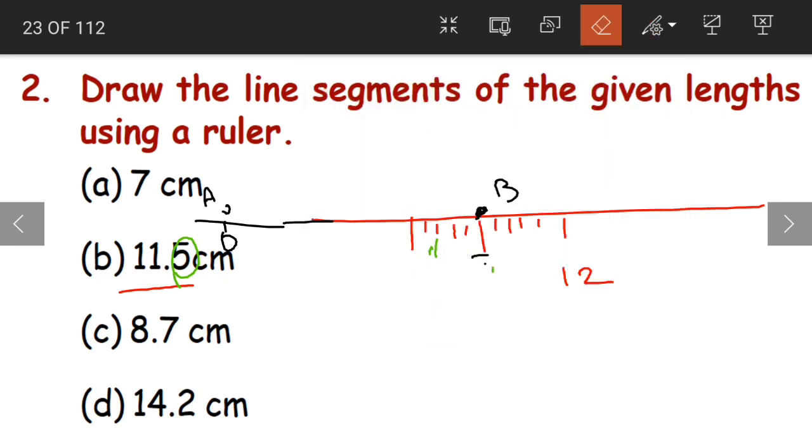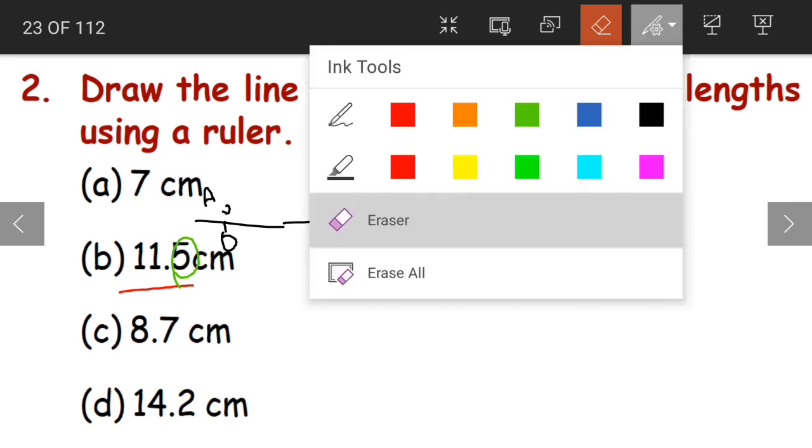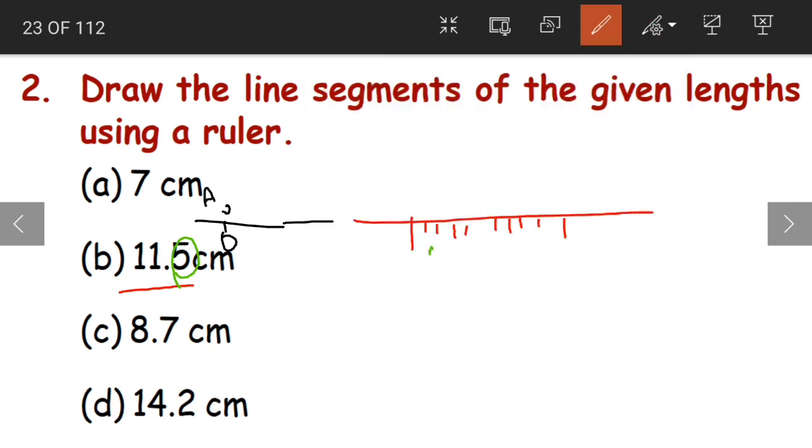Now coming to the next one, 8.7. Wait a minute children. 8.7. So this is 8 and 9 centimeters. Again, the first end point is at 0 centimeters. So this is our 8 centimeters.